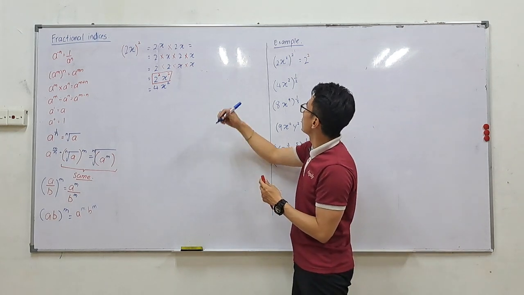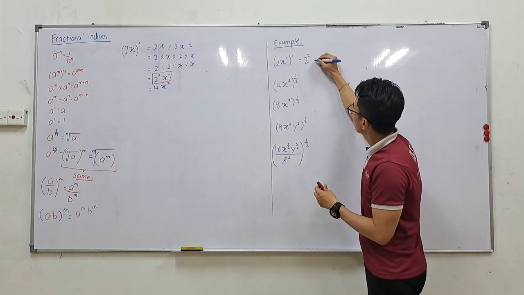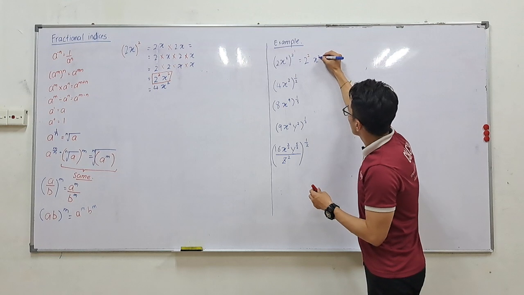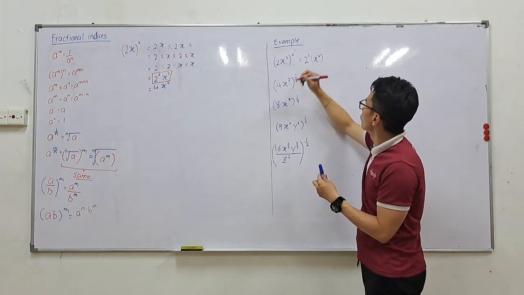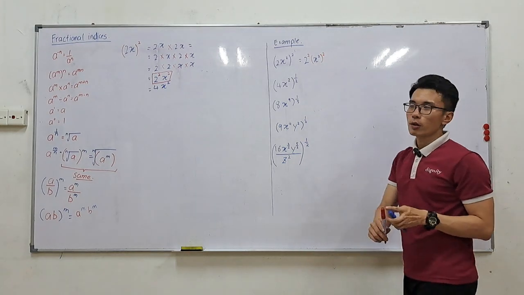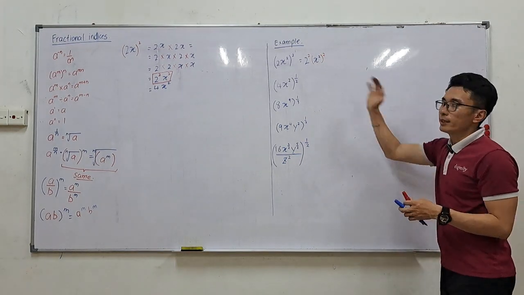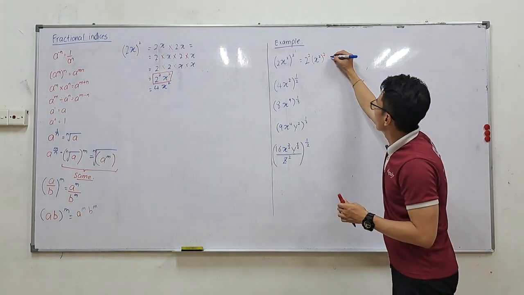My B is going to be x squared, and this whole thing I need to square again.